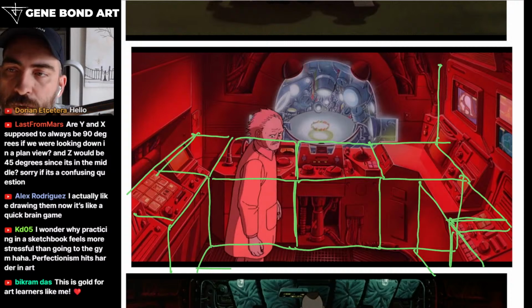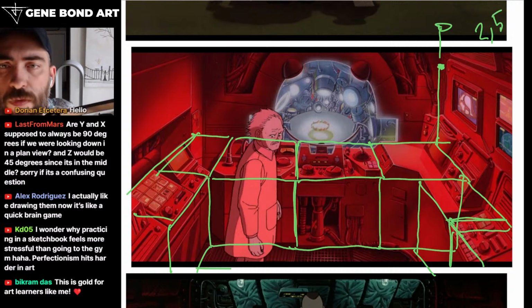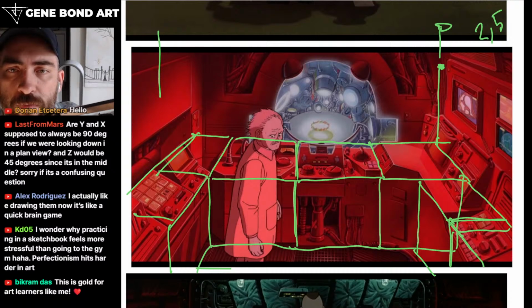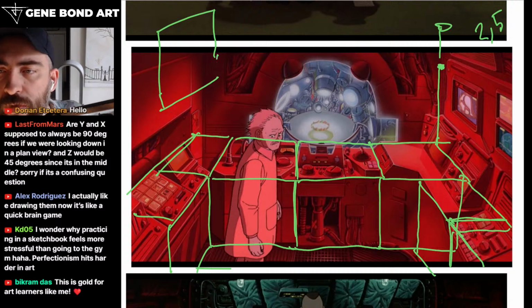Then the height here looks like 1.5, so the total height for this interior will be 2.5 cubes. Now I can say, okay, this place, I start from here. So we have like 3.5.